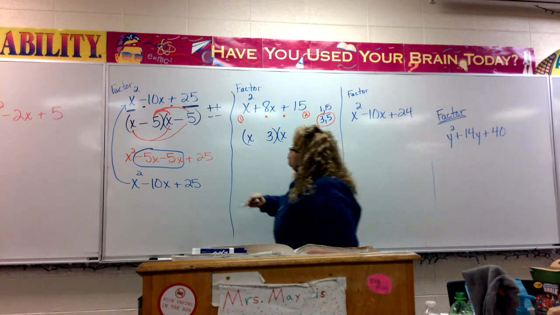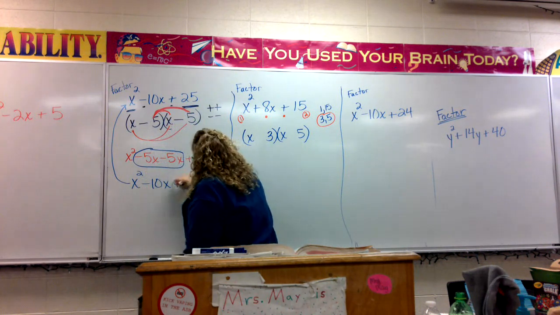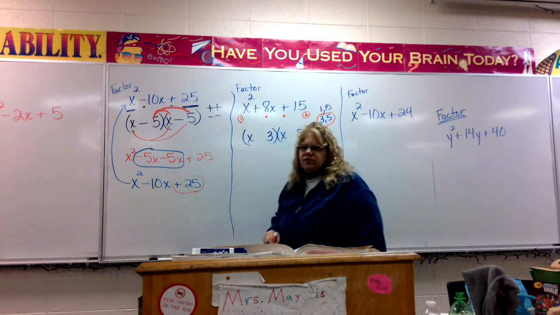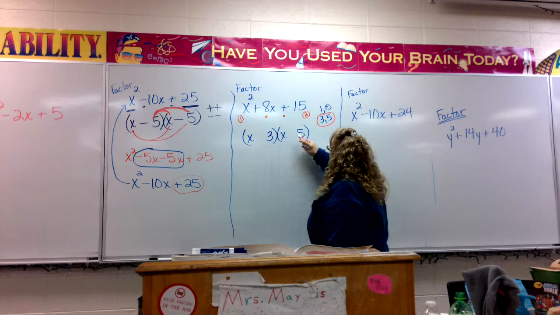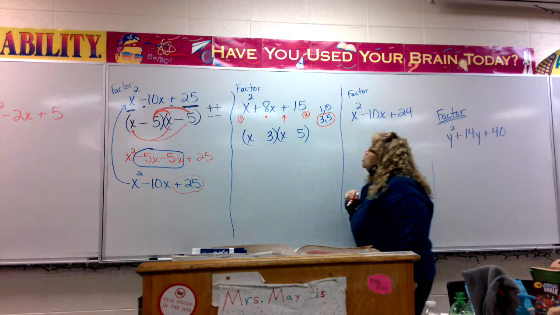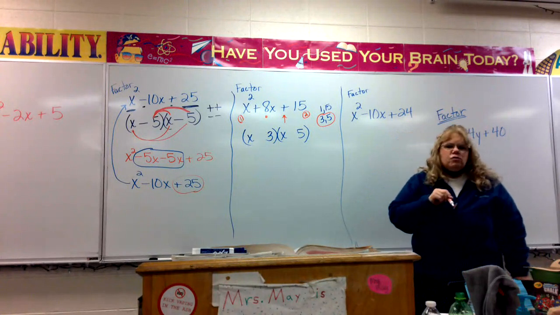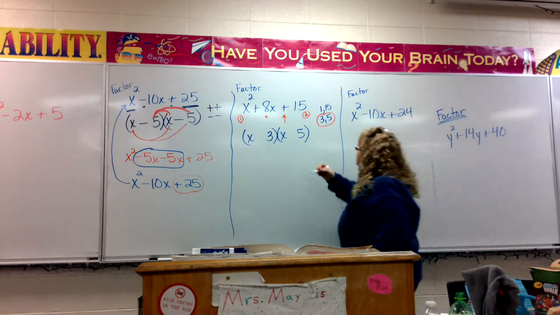You know, we have to multiply these two numbers right here, and that gives you the number at the end. So you want to know what times what gives you this positive right there. What times what gives you a positive? There's two possibilities, isn't there?